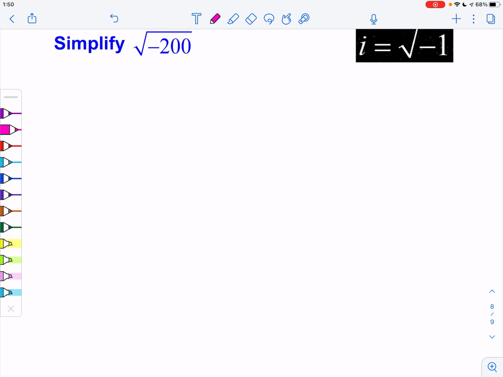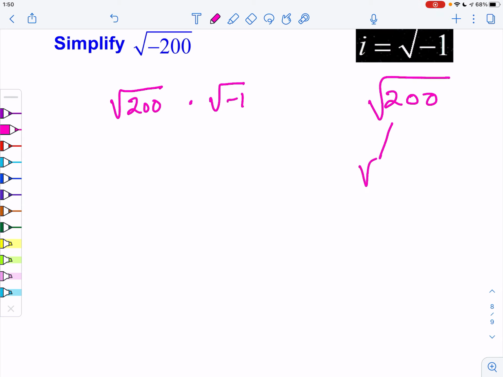Simplify the square root of negative 200. Start by writing the square root of 200 times the square root of negative 1. 200 is not a perfect square. However, we can simplify that further. The largest perfect square factor is 100, and 100 times 2 gives you 200.